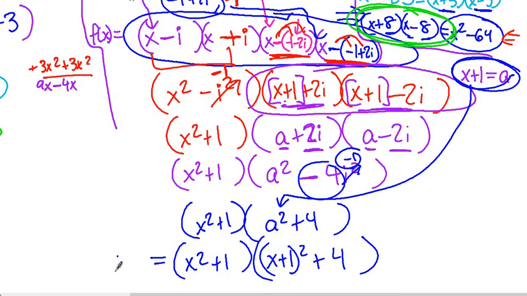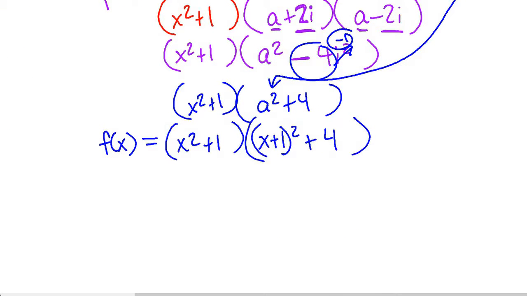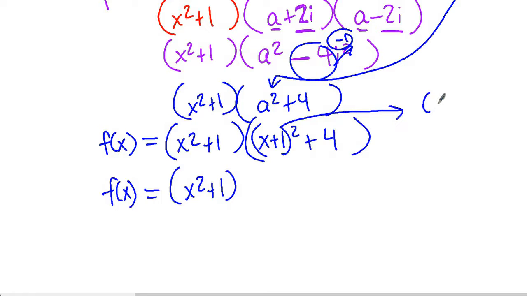Remember, I should be writing equals f of x, because that's our function. All right, so now all we have to do is simplify this some more. This is still going to be x squared plus 1. And when we FOIL this out, let's just do it over here. x plus 1 squared comes out to be x squared plus 1x plus another 1x plus 1.